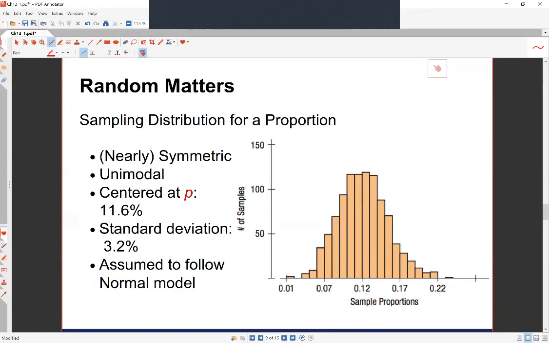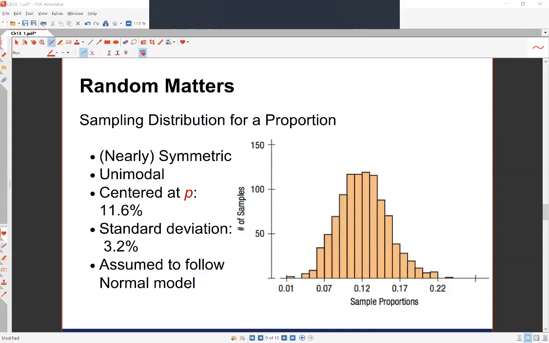on the present slide. Now, what you should notice here is our sample size at this point has gotten reasonably large, right? Sample size of 100 that we're drawing from the population. And so the resulting histogram with all the possible proportions is nearly symmetric, and it's nice and unimodal. And if we look at it, we know the true value in the population is 11.6%.